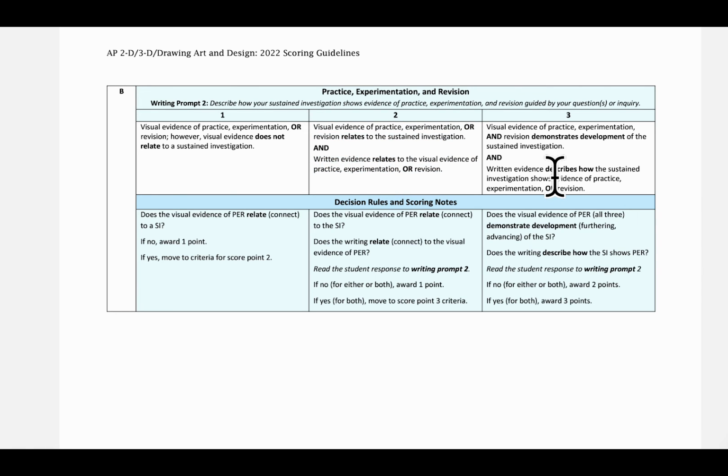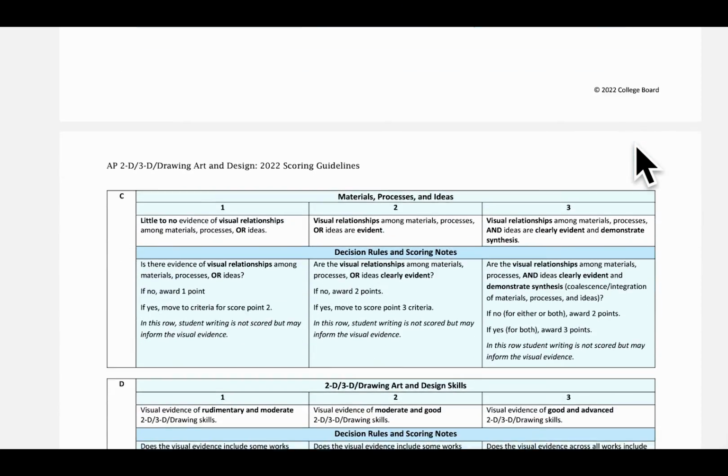Those bold words are going to guide what they're looking for. And a 3, you'll notice there's not really a lot of or statements. It's a lot of and then one or, okay? And it also says demonstrates development of the sustained investigation. So it develops over the course of time, okay?